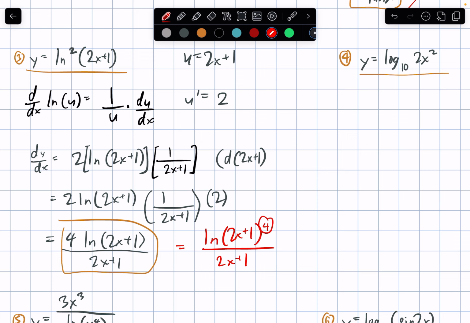So how do we bring 4 in an exponential position? At this point, let's just take note of it. So coming from here, it went there. So that's it. This is the final answer.